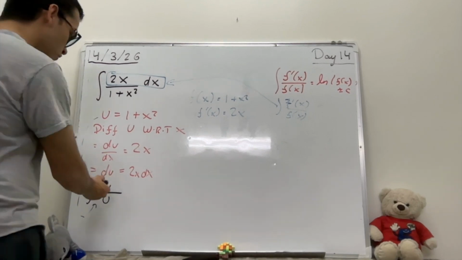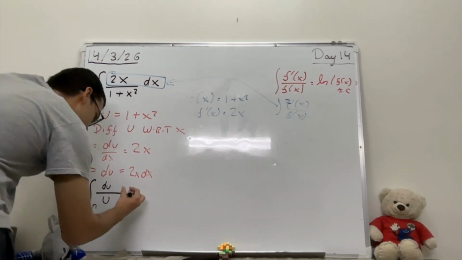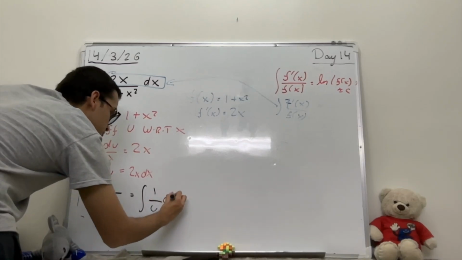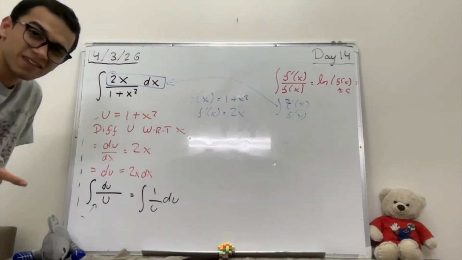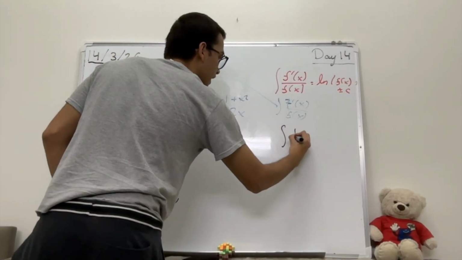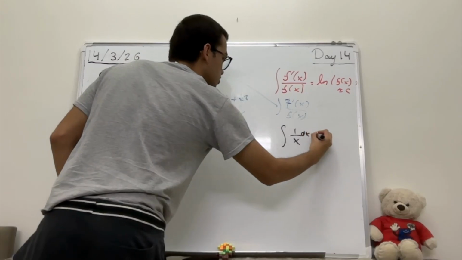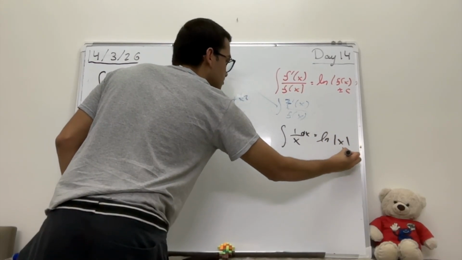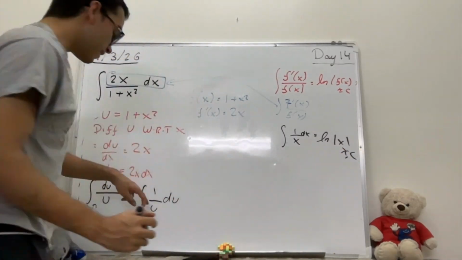So now that we've gotten this integral, we can rewrite it as the integral of 1 by u with respect to du. And I think on day 3 or 4 we learned that the integral of 1 by x dx is just ln of x plus or minus c. So here we have the same thing.